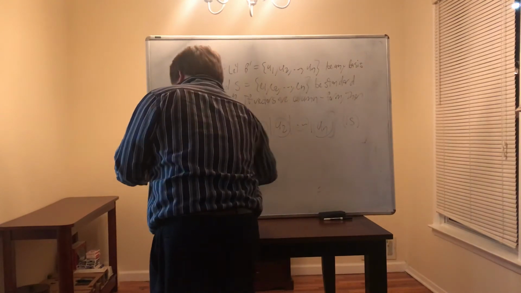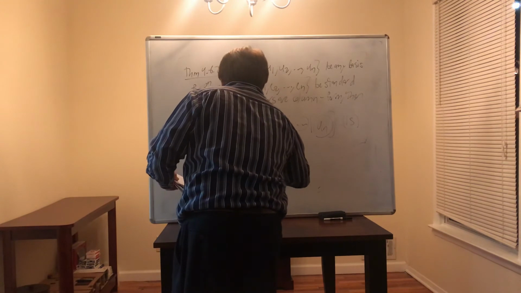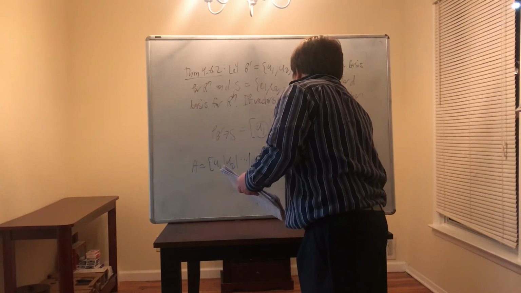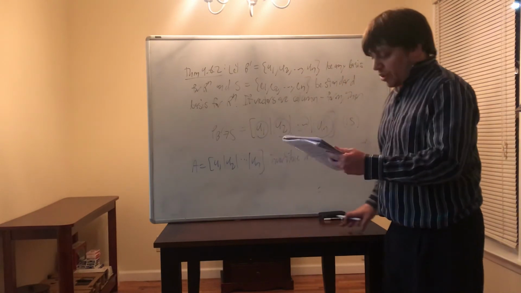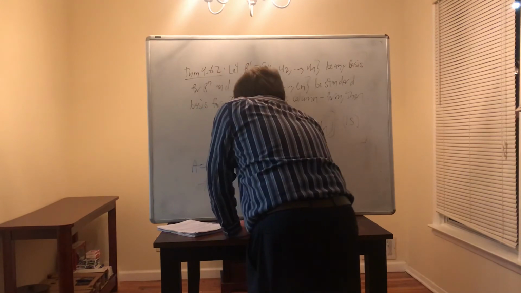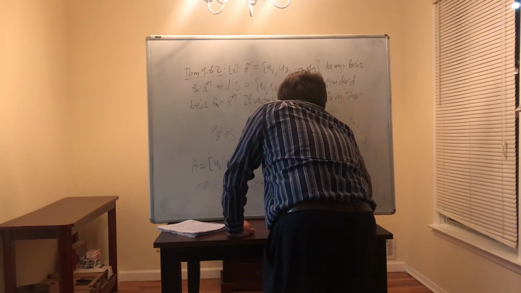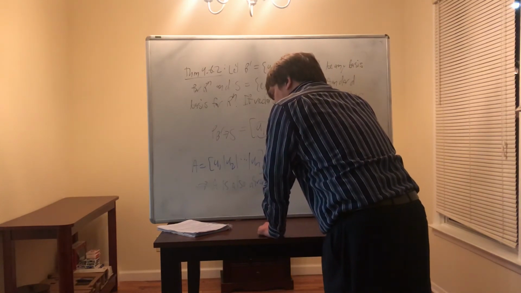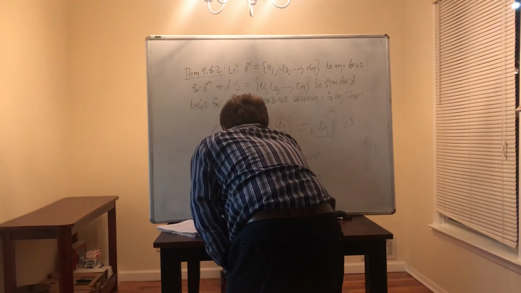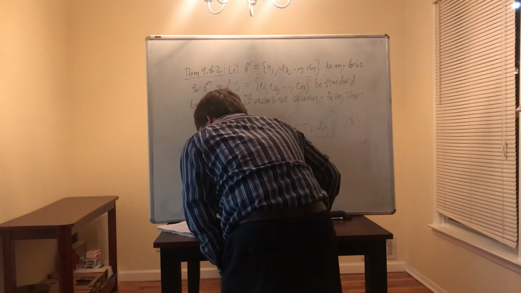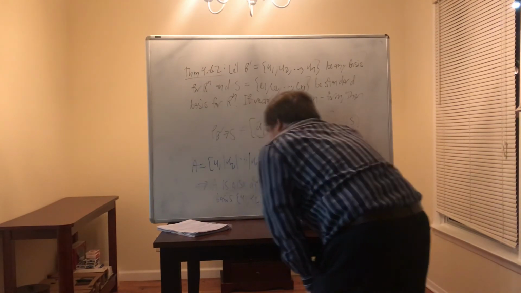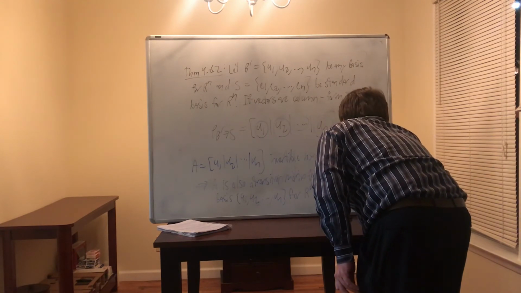Okay? And if A is equal to something like this, so if A is that matrix, and it's an invertible n by n matrix, then you can say that A is also a transition matrix from the basis U1, U2 to Un for Rn to the standard basis for Rn.